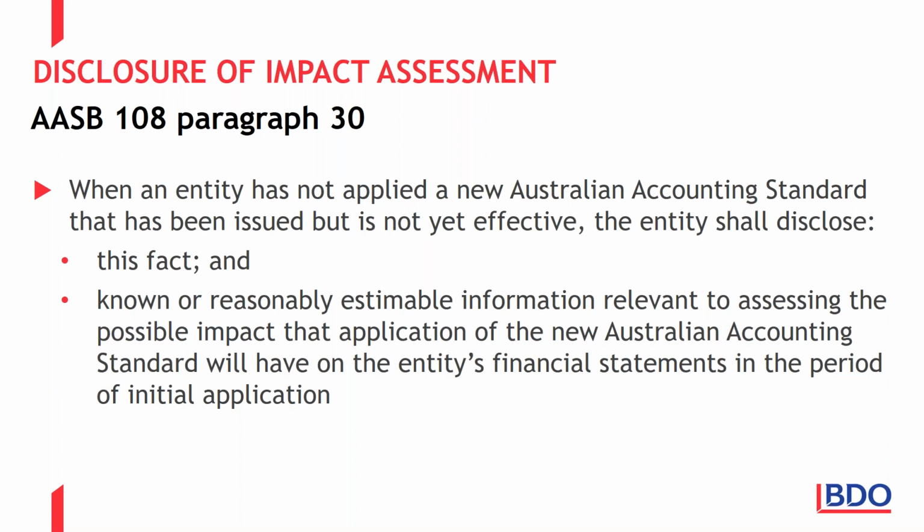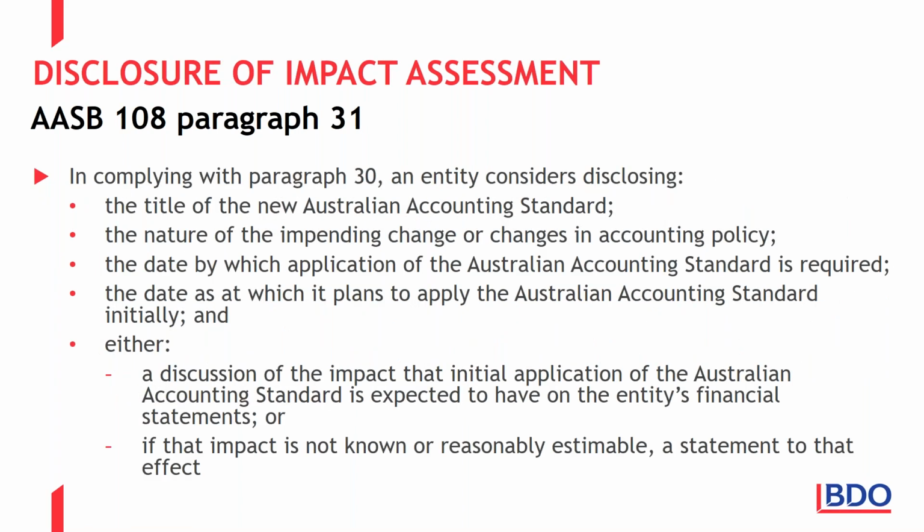So a reasonable estimate relevant to assessing the possible impact that application of this new standard will have on the entity's financial statements in the period of initial application. So first of all, we haven't implemented it yet, and we have to disclose an estimate of what the impact will be in the first set of financial statements where we will be implementing it.